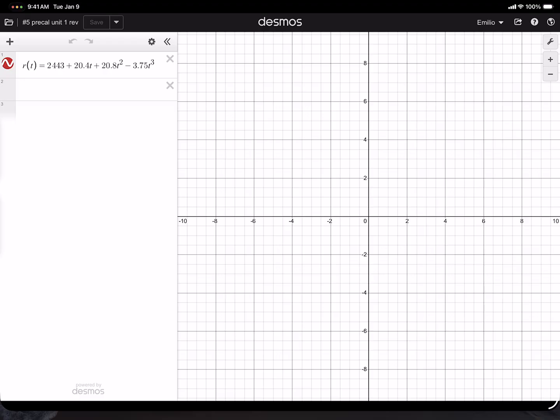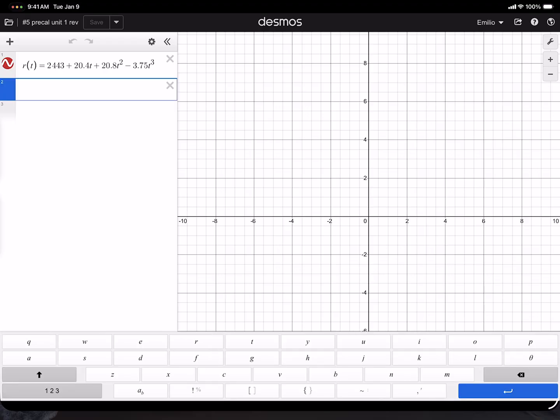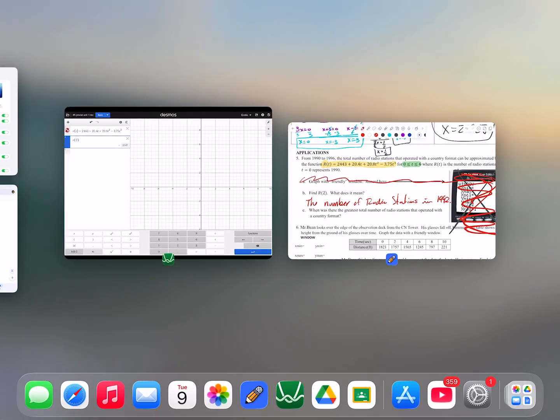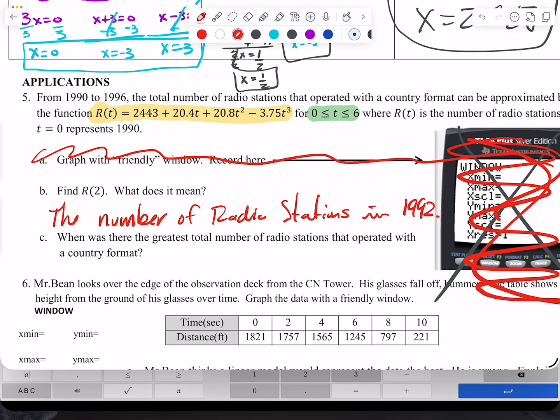So I'd use R of t, and so on. When it's asking for R of 2, I can just type in R of 2, and there's your answer. There were about 2,537 radio stations in 1992. I'm just going to abbreviate in case they ask you that on the test.